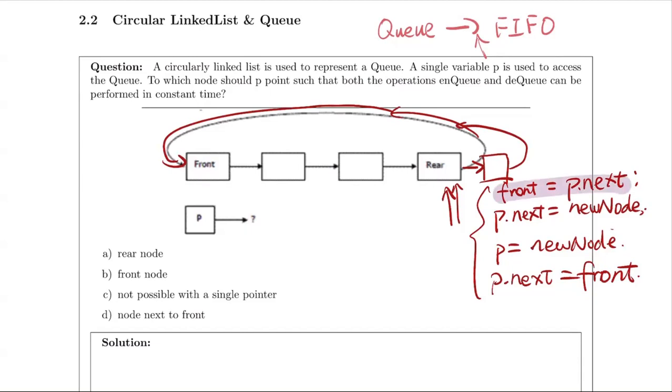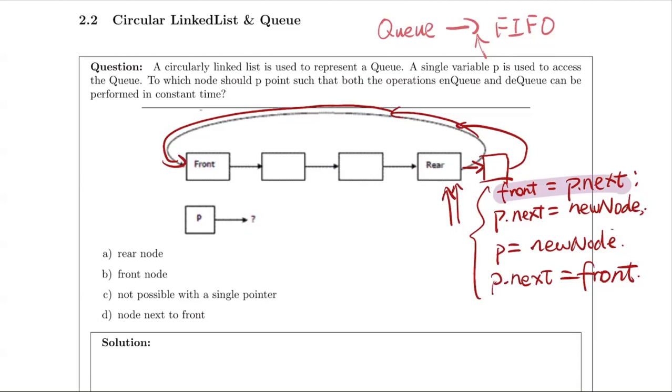But the core concept here is that because we have a circular linked list, and because we want to construct a queue in an efficient manner, the fact that I have quick access to the rear and front, if I have P pointed toward rear, helps me to construct a queue from this singly linked list. Does that make sense?